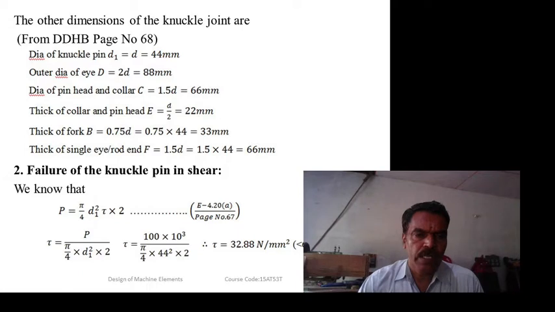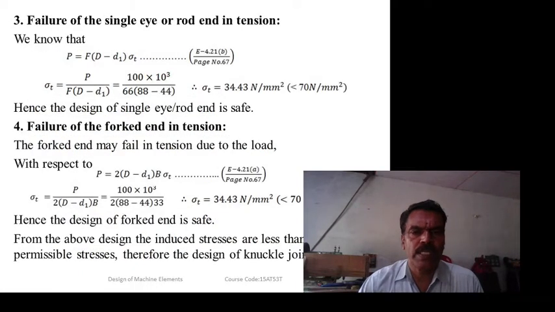Next, the third point: failure of the single eye or rod end in tension. We know that load is equal to area into tensile stress, sigma t. Therefore F value into bracket capital D minus small d1 close the bracket into sigma t.